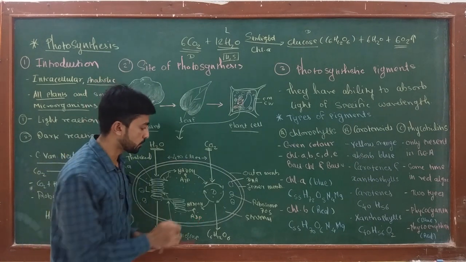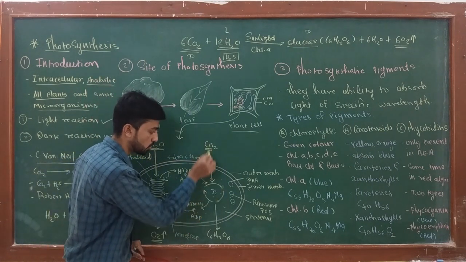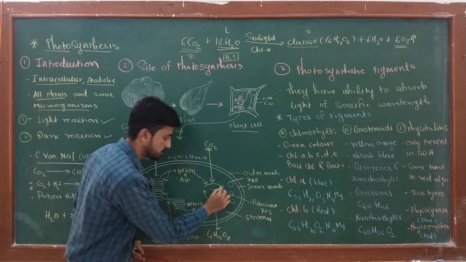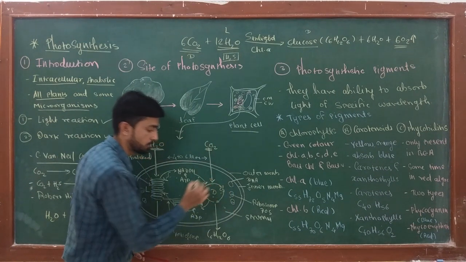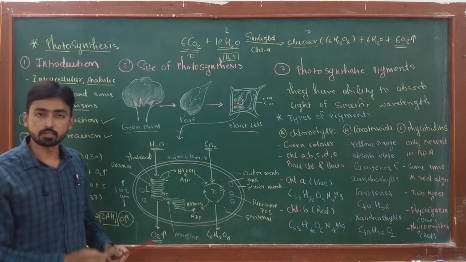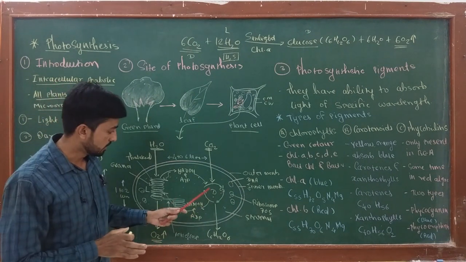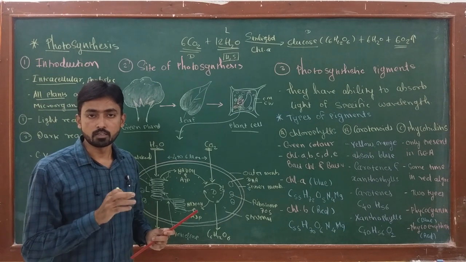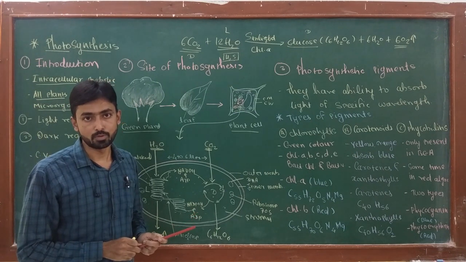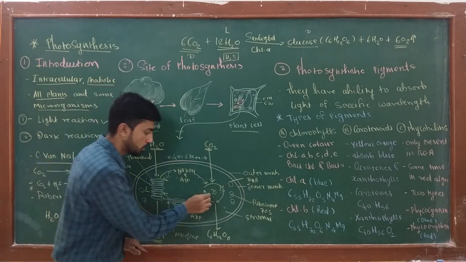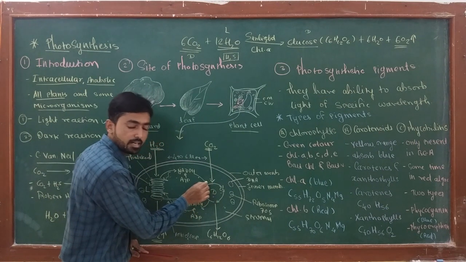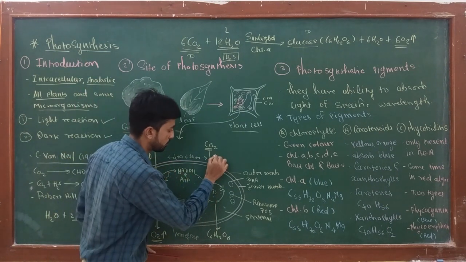Okay, the first product when CO2 enters the dark reaction is a 3-carbon compound. Okay, I'm going to discuss the dark reaction in my upcoming videos, and so the reaction is also called the C3 cycle. Okay, the main enzyme which takes part in the dark reaction is rubisco.